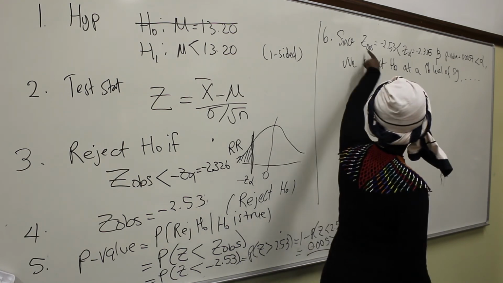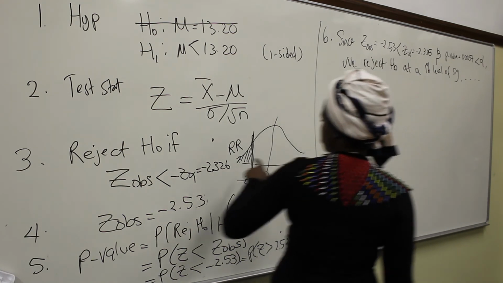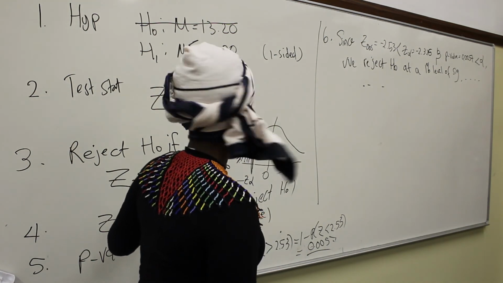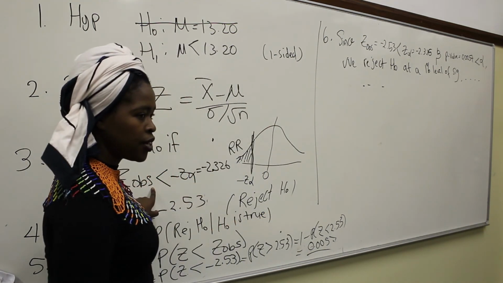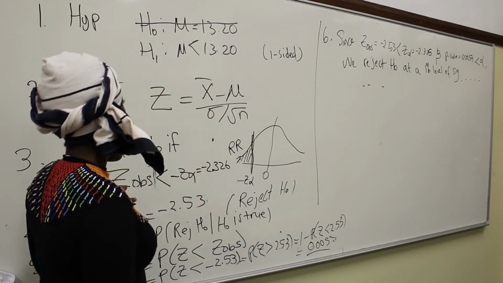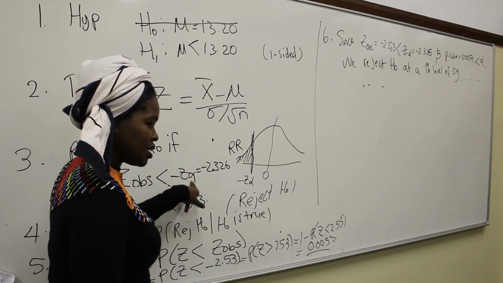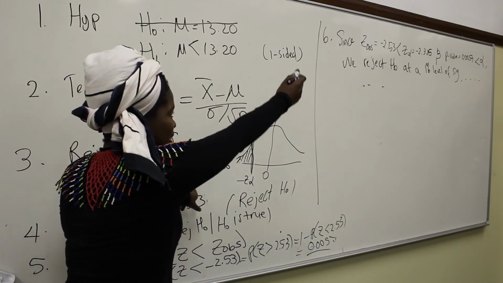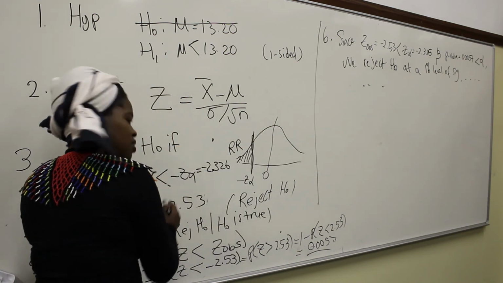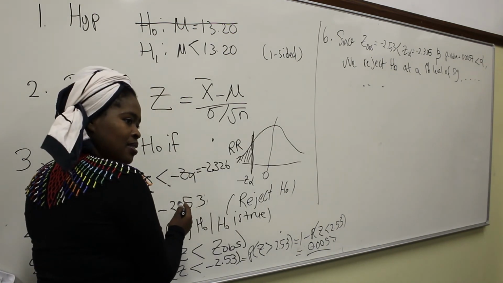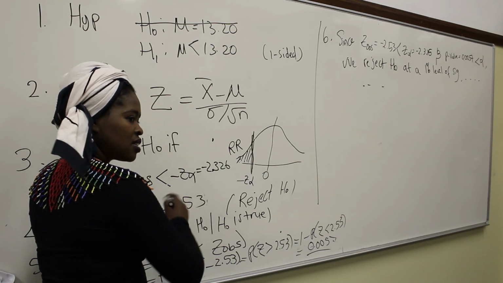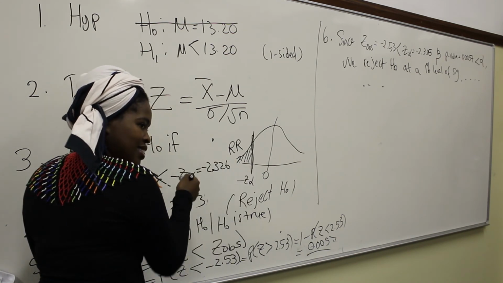So in this case, it's also guided by what you're saying in your rejection region. So if in your rejection region you said, I'm going to reject if z observed is less than negative z of alpha, then when you're writing there, you're going to say since z observed is less than, not since z observed is greater than.